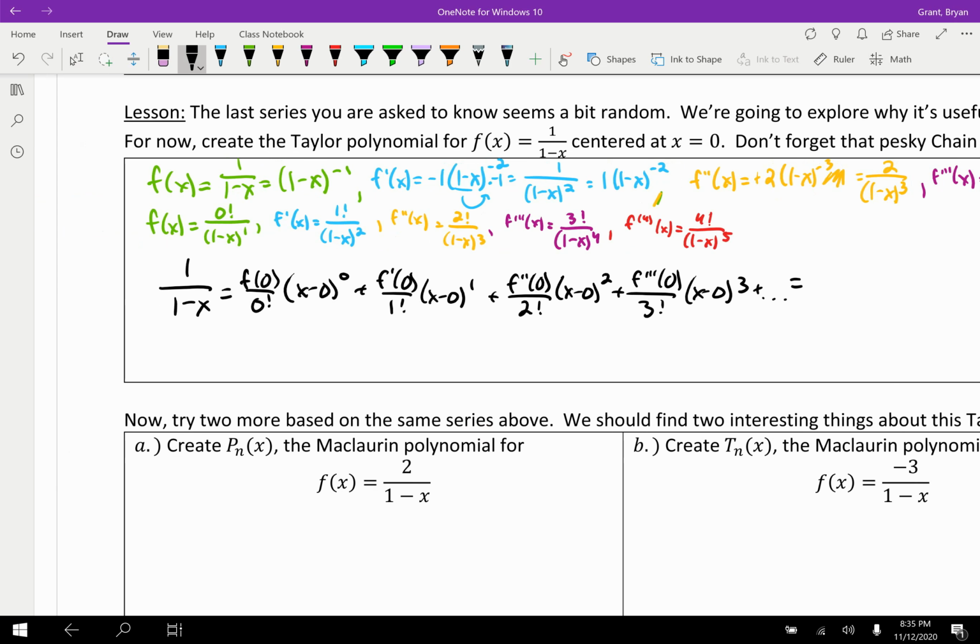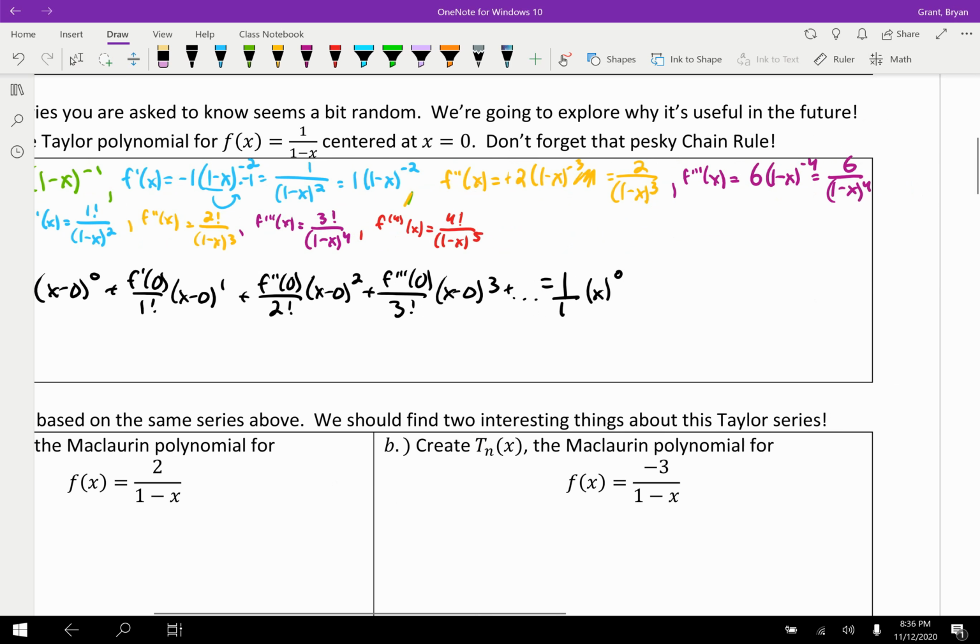So f of 0. We're going to have to do a little mental math here, but it's not bad. If you substitute in 0, f of 0 is just 1. So we get 1 over 1 times x to the 0th. And then f prime of 0, if we substitute in 0 over here, we get 1 as well. So plus 1 over 1 again times x to the first.